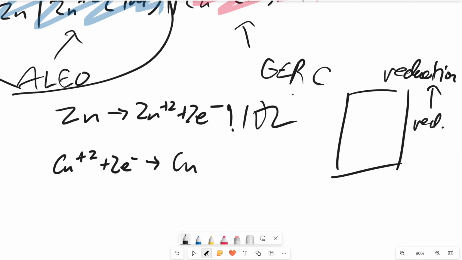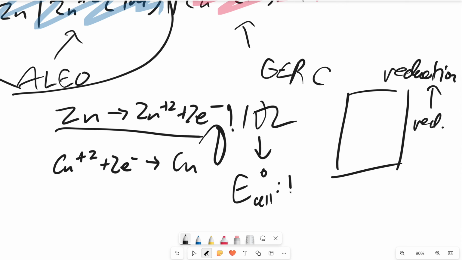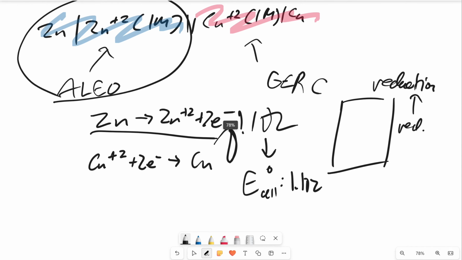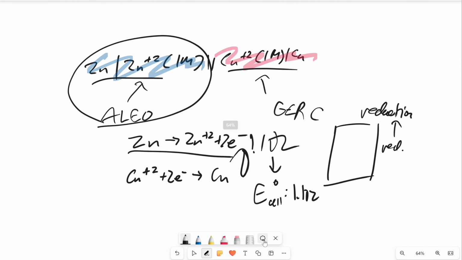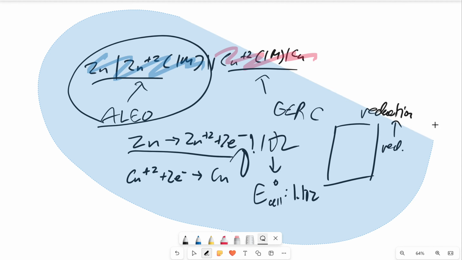So then we add up the two reduction potentials. The sign of this one is going to be flipped, and that's going to lead to an E cell of 1.102. Therefore, our zinc copper battery is going to be spontaneous, and it's going to be a galvanic cell.